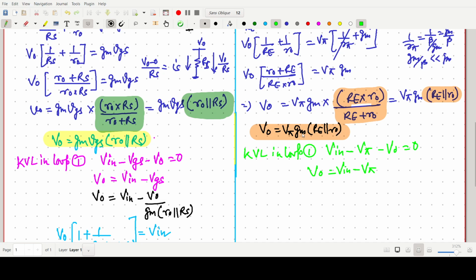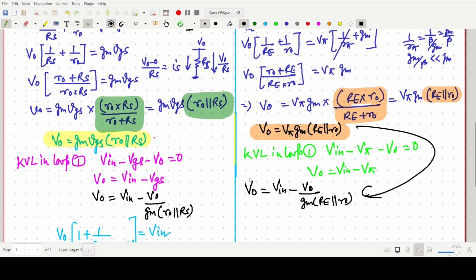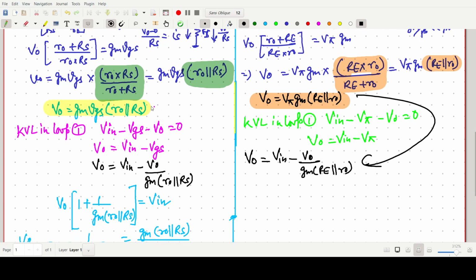Okay, now from here we can put the value of V pi as V naught by gm, RE parallel to R naught. So V naught times (1 plus 1 by gm, RE parallel with R naught).